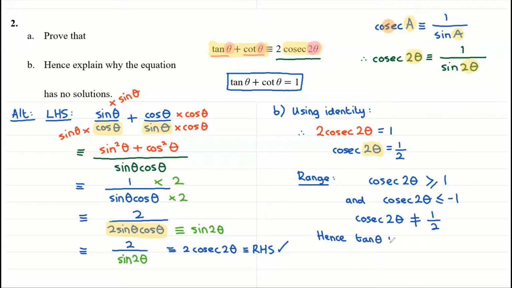Hence, tan theta plus cot theta equals 1 has no, and I'm just going to be picky here, no real solutions. All right, and I think stating the range of the cosec function, as I've done here, is sufficient to prove that this equation has no real solutions because it simply can never equal 1/2. Okay.